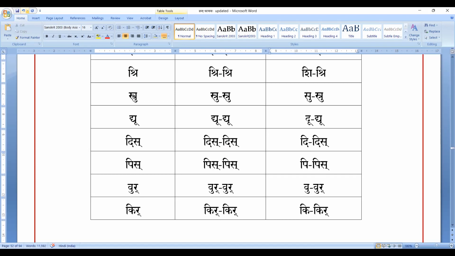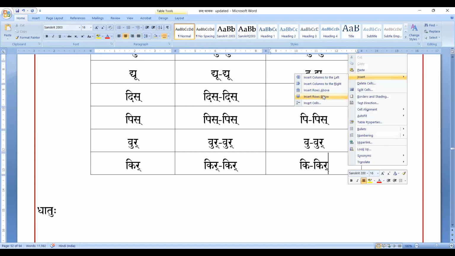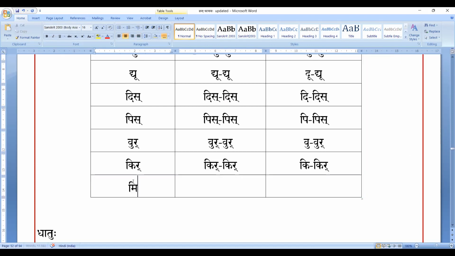These are examples. So one more is there, kir similarly. You can take dhatu mur. Mur becomes mur mur. It is oshtya, the ur becomes mur, not mir. It is mumur. Therefore, you will have mumur.